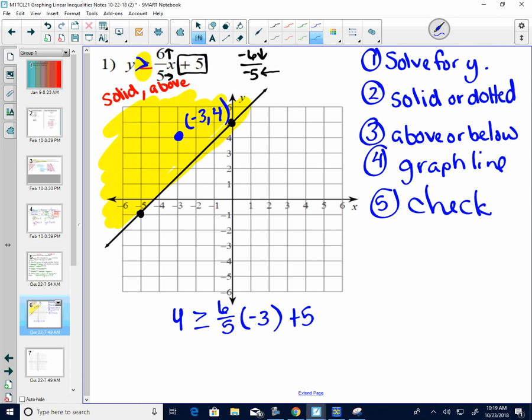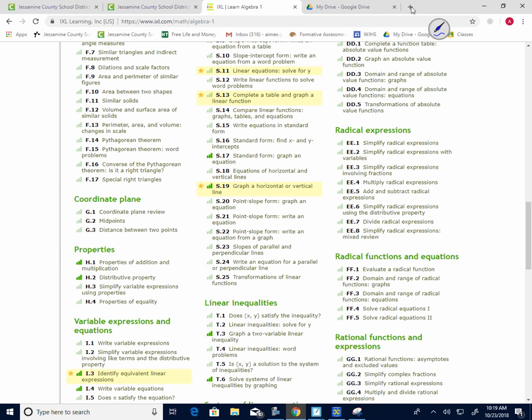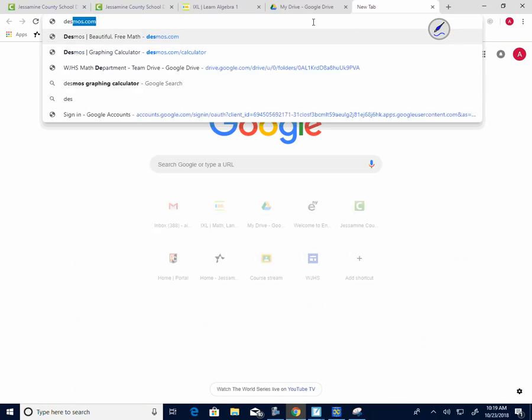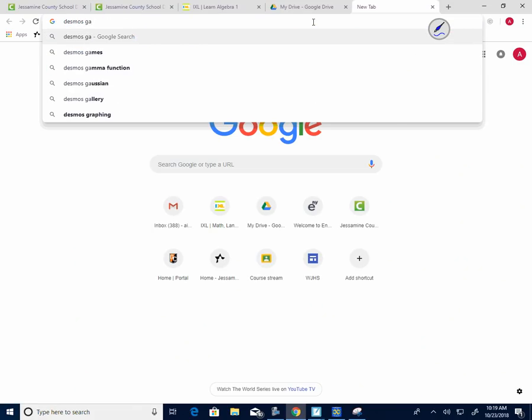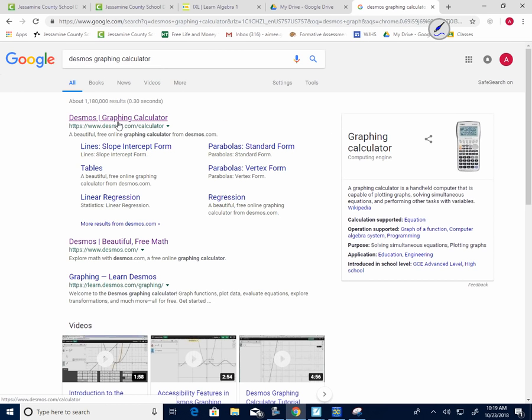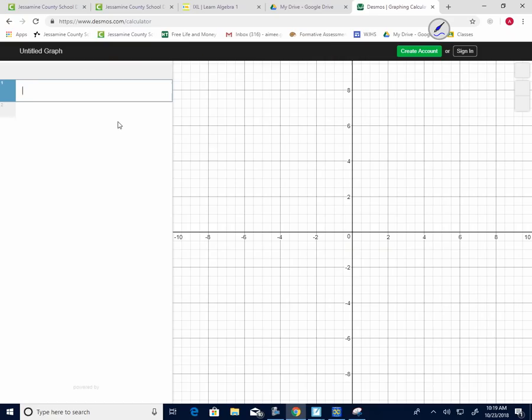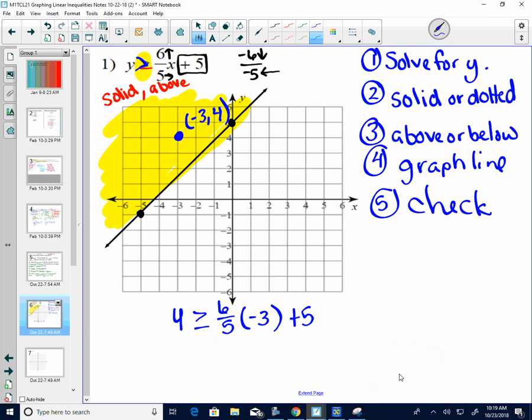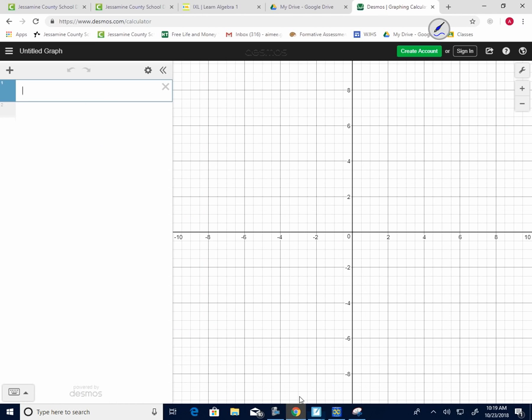So I can check in my calculator, and if you don't have a graphing calculator at home, you can simply Google Desmos graphing calculator, and we can type it in. So our problem was 6 over 5 times negative 3.